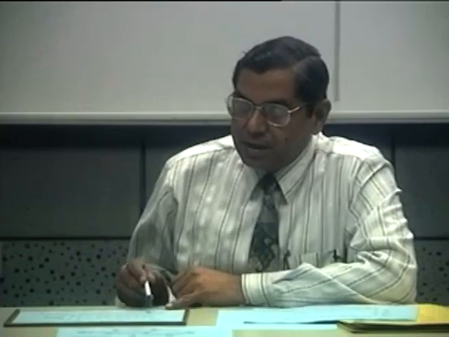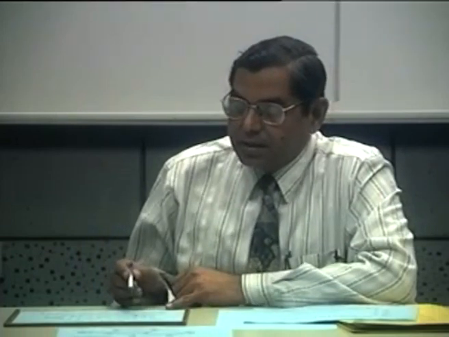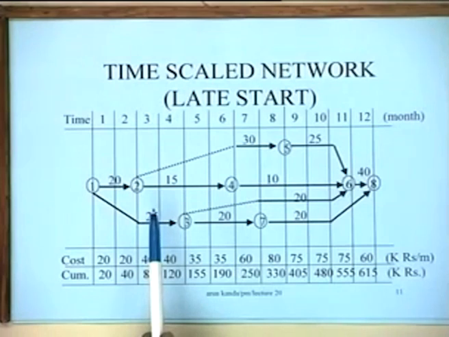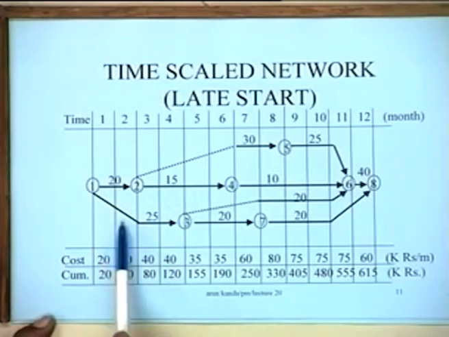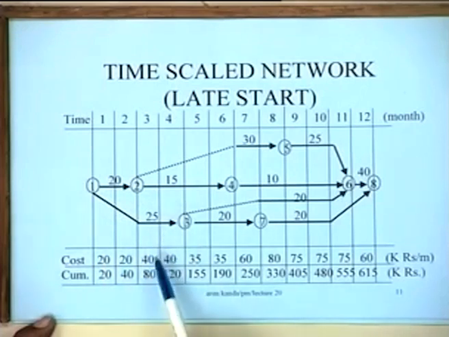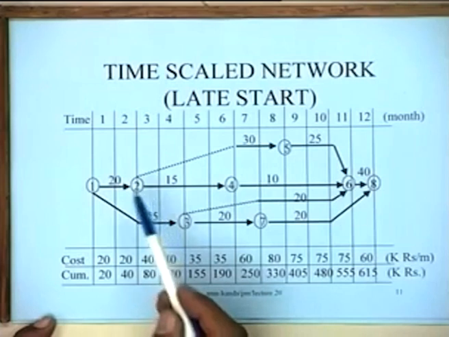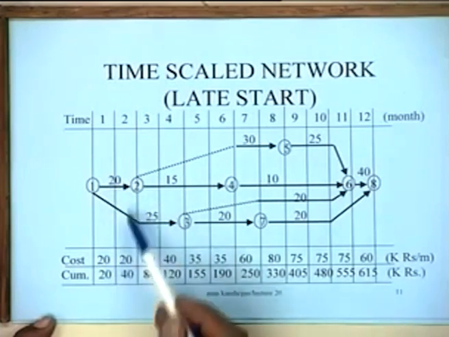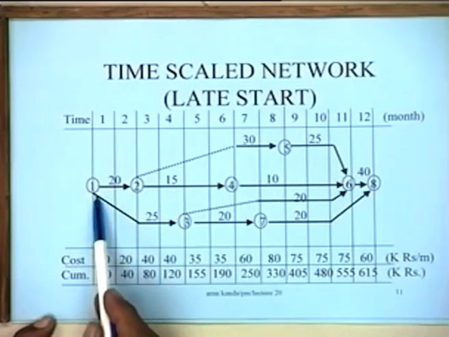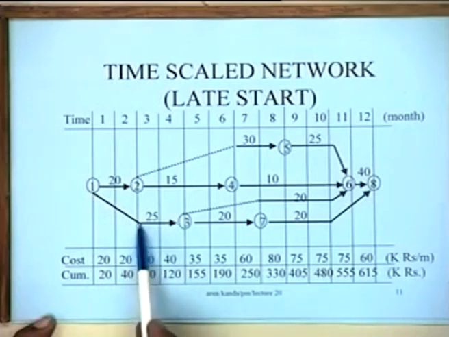So what you find is now, for instance, that during this particular period you have a number of costs which are sort of going on, and these costs typically are only 20 here, 20 here. Mind you, this should be a dotted line here, because this activity takes only 2 days.